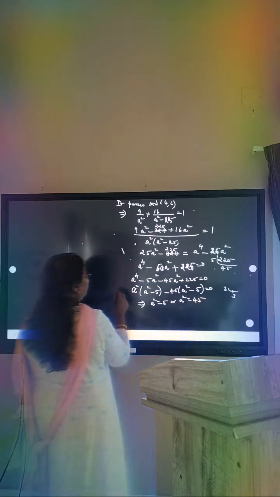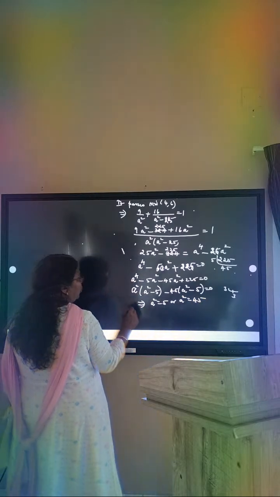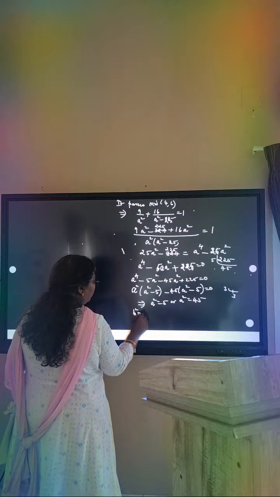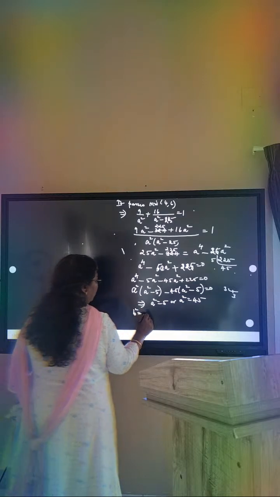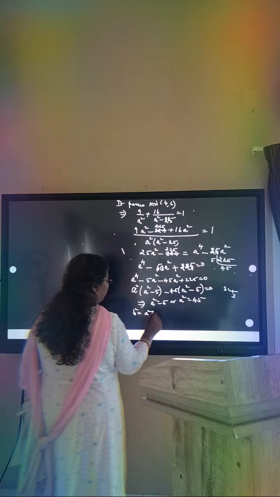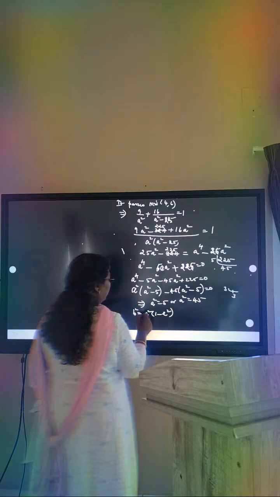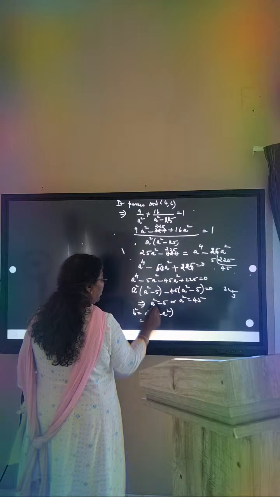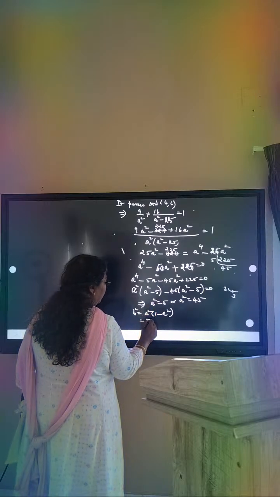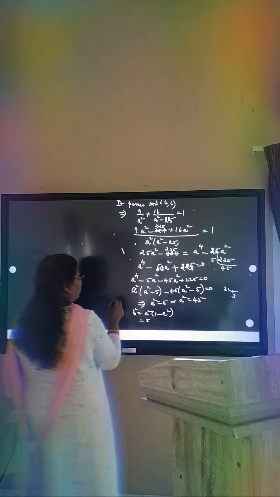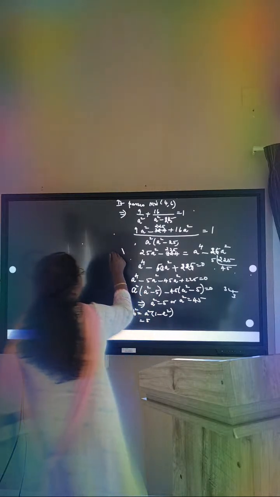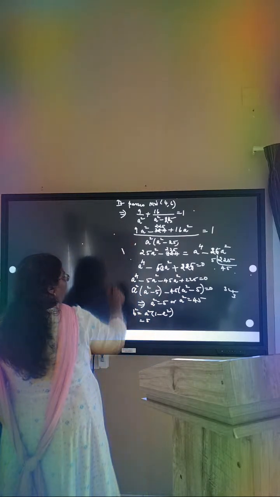If a squared is 5, then what is your b squared? So your b squared is equal to a squared into 1 minus e squared, is it? Yes. What is your e? Did you find e? I have a relation, right? What is that relation?